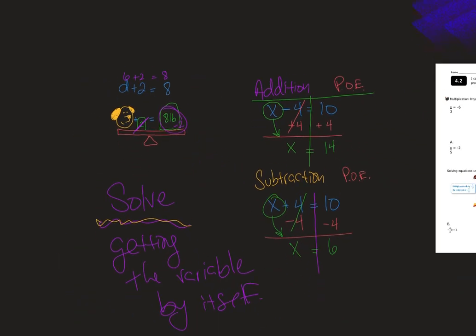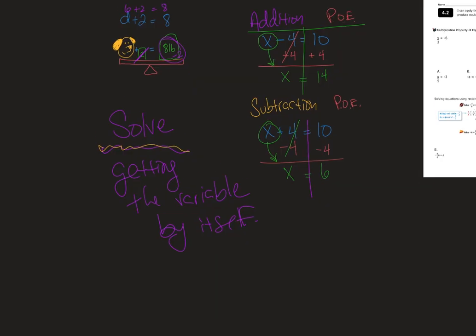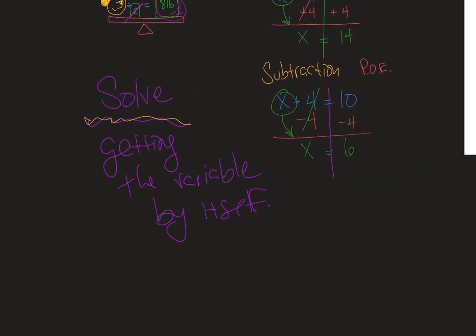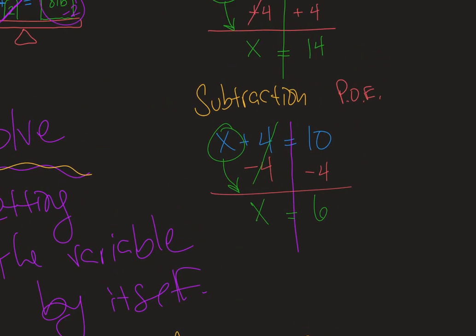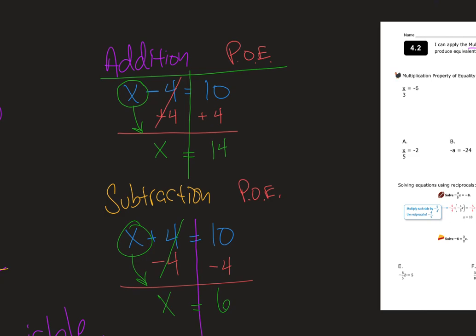So that's what's going on: we're solving, we're getting the variable by itself. We are doing that by doing the opposite. Instead of subtracting 4, we're going to add 4. Instead of adding 4, we're going to subtract 4.